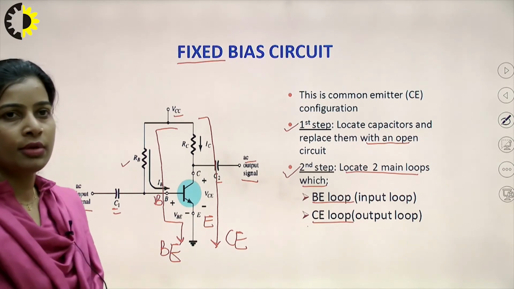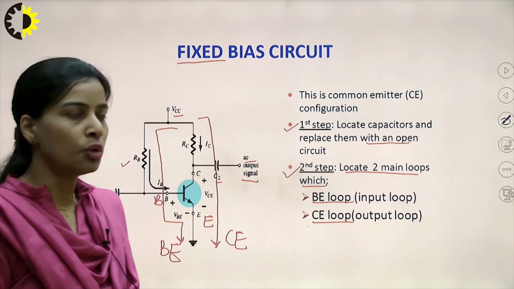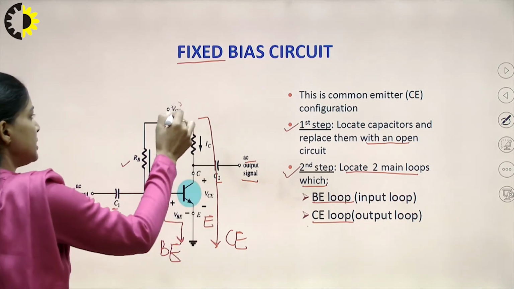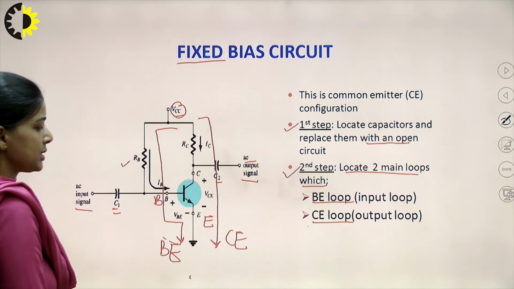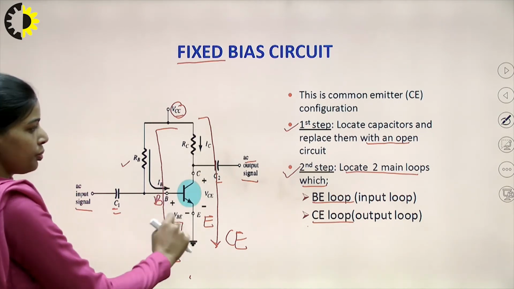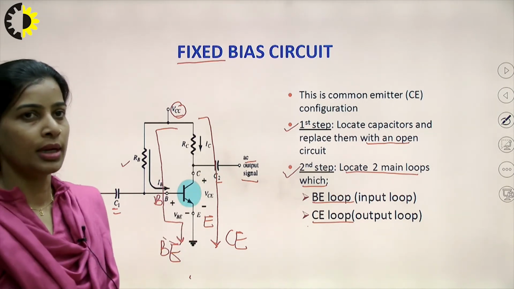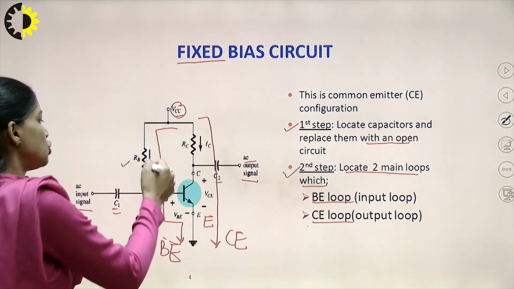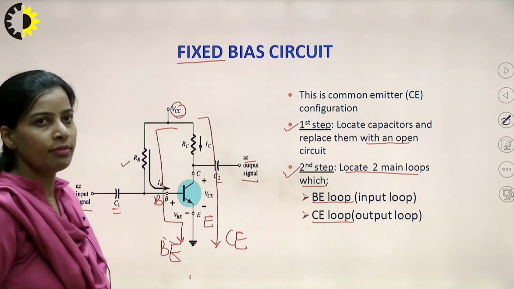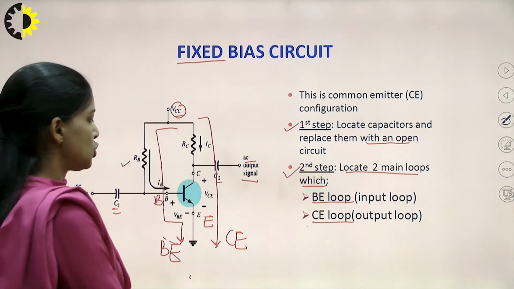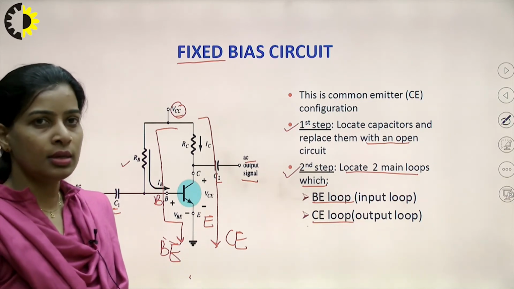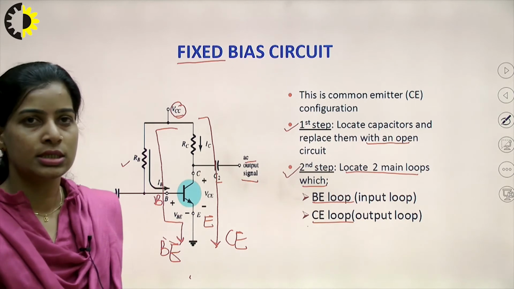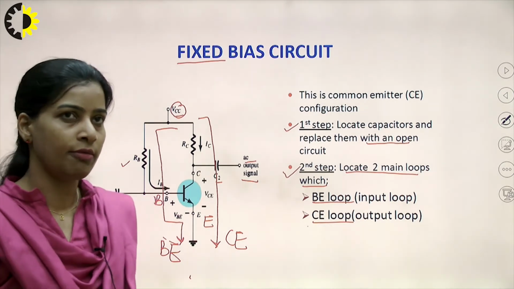In that way we will have the two loops starting from VCC towards the ground. As we have two paths, we can write two KVL equations from these two paths and we can simplify to get the different values of voltages, currents and stability factor.